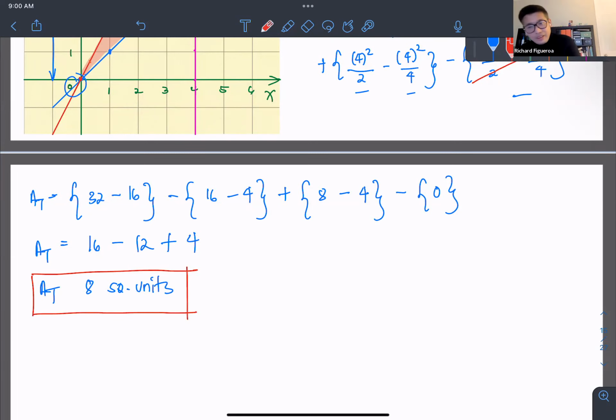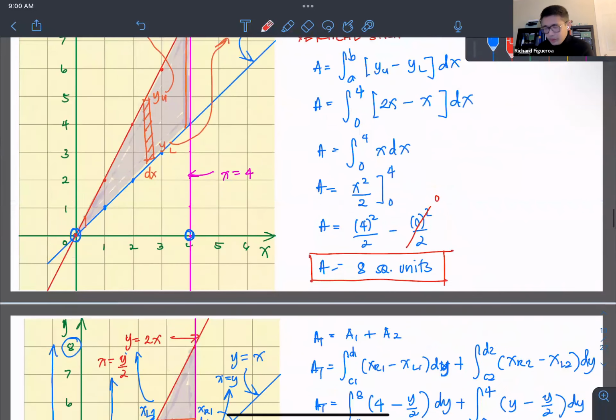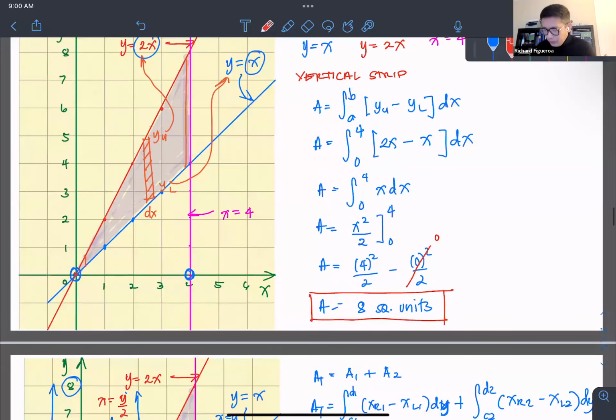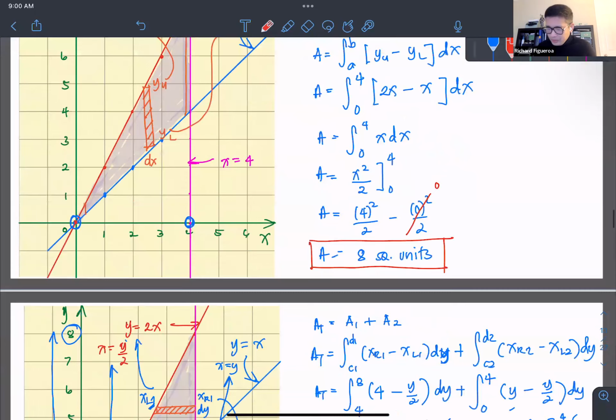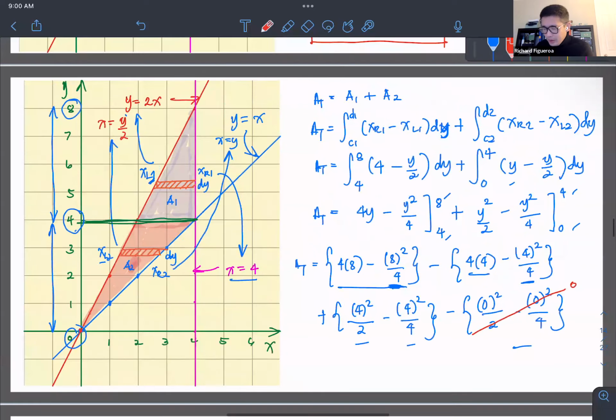And as you can see, whether we use a vertical strip or a horizontal strip, we arrive to the same answer. Pero syempre, in reality, we don't want to do the second solution. Look at the second solution, ang haba niya as compared to the first solution.